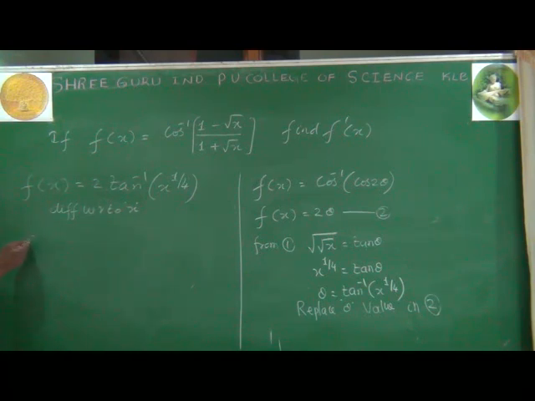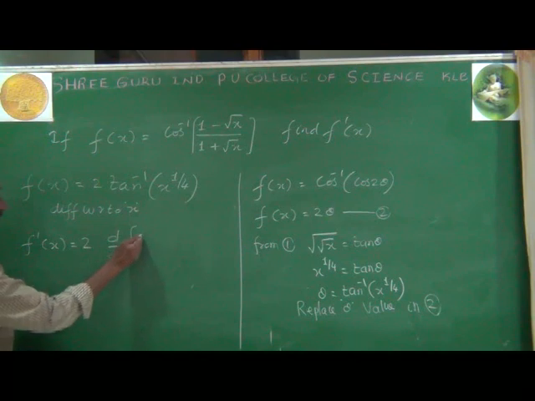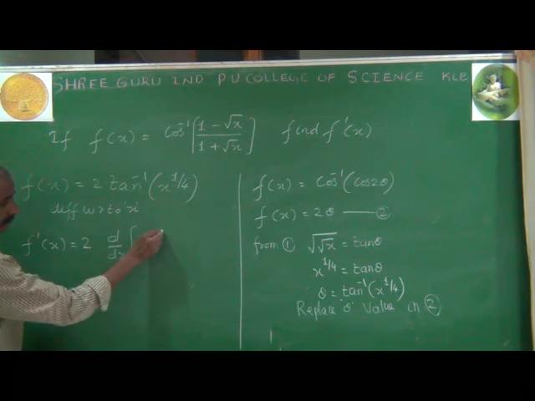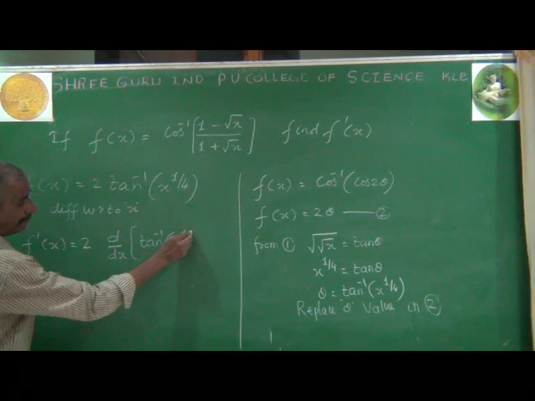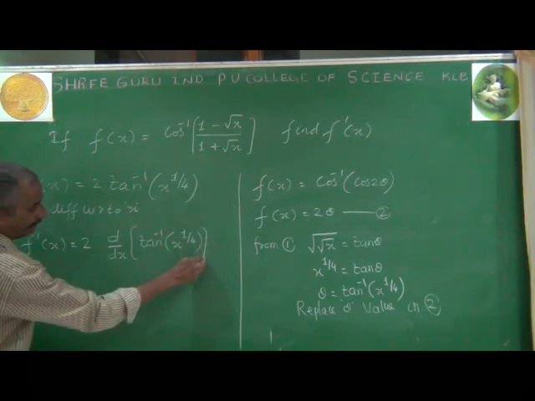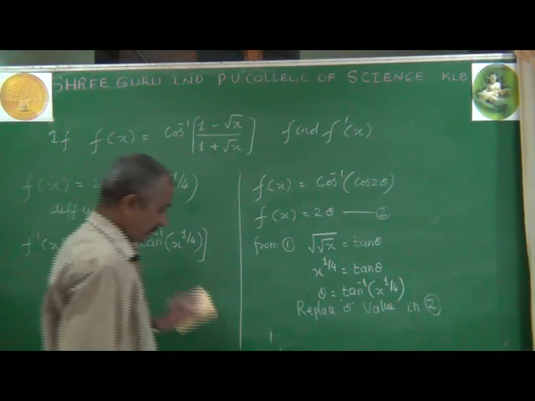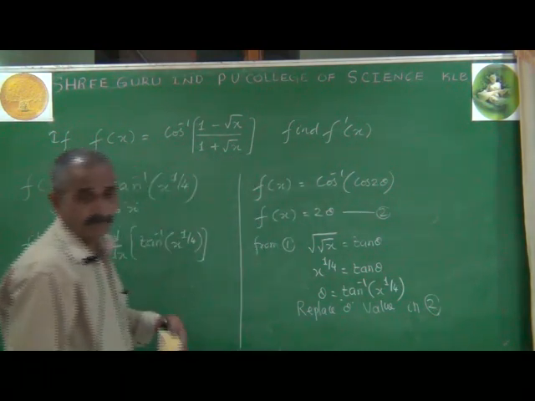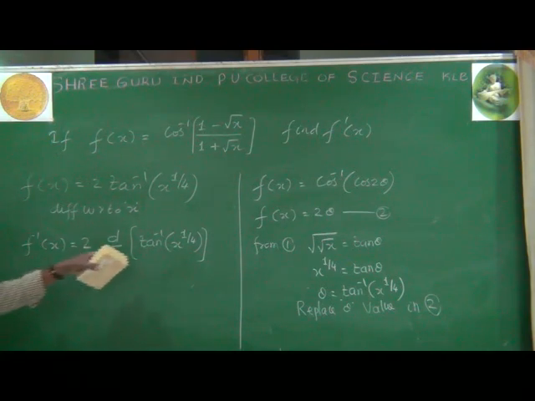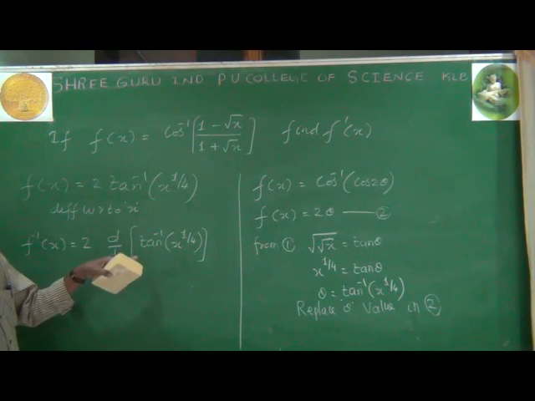On differentiating with respect to x, on the left side, as usual, f dash x. On the right side, 2 outside, into, you write in symbolic form, the derivative of tan inverse x to the power 1 by 4. It's not over. Now you need to apply the proper formula of differentiation. It is a composite function formula. Recall from memory, it is just like we solved already in more problems.